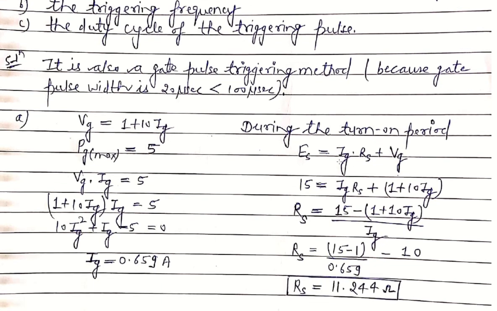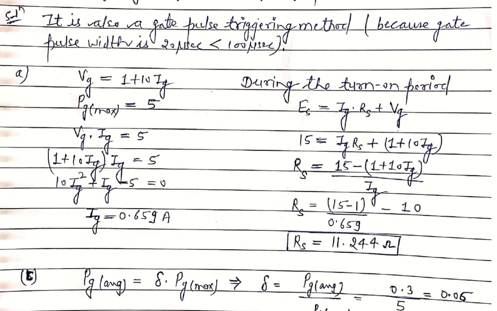Again we apply the KVL equation with the same procedure. Rs is obtained to be 11.224 ohm, because in this problem the rectangular pulse has an amplitude of 15 volt, which is the gate source voltage. So by using this we can calculate Rs easily.